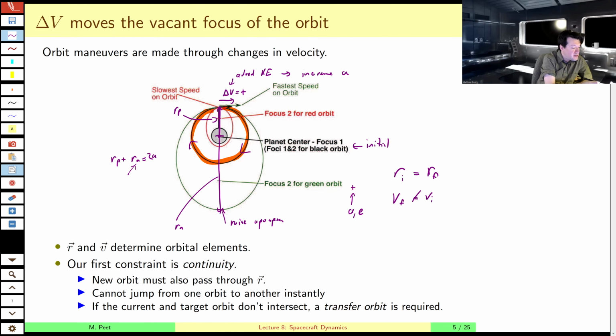Likewise, if we burn counter to the velocity vector, so we're moving v in that direction, so it's negative delta v, then we're draining kinetic energy from our orbit. Which means we lower the semi-major axis.